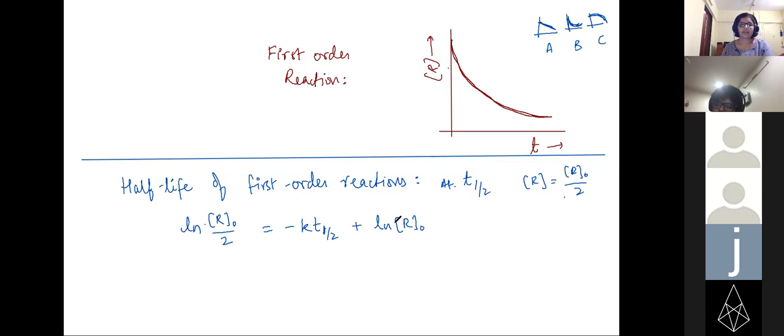So if I get ln R naught over here, and if I just want to remove the minus sign, just by rearranging, I'll get ln R naught minus ln of R naught by 2 equal to K into T half. What will LHS be equal to? Can you work it out? Just do that mathematics and tell me what should I write in LHS?